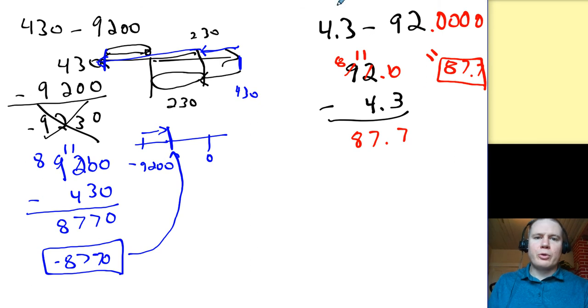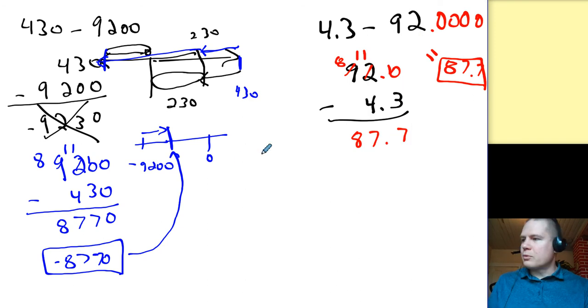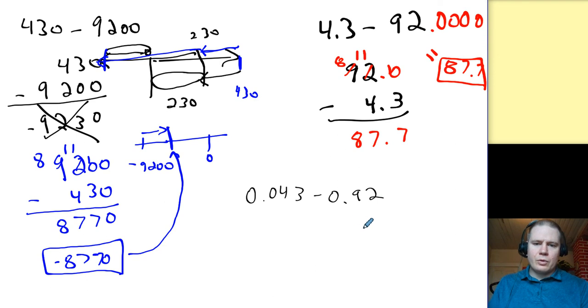So if we do one more example using decimals without whole numbers, 0.043 minus 0.92. This doesn't have any ones, this doesn't have any ones. Both of these numbers are less than 1. This says 9 tenths, this says 0 tenths, right? 90 cents and then 2 pennies.